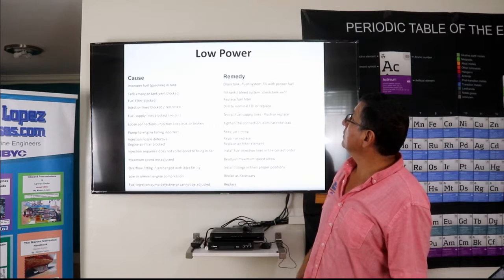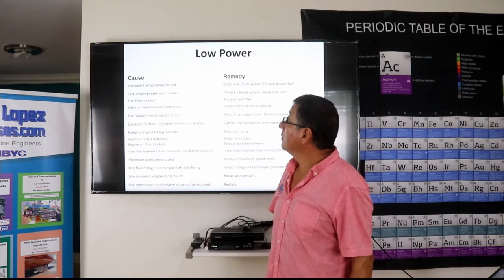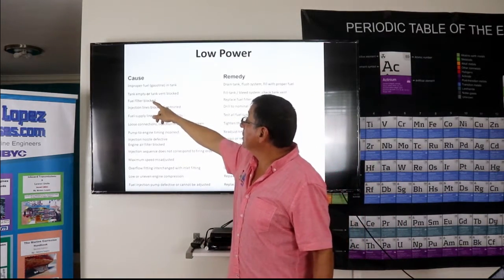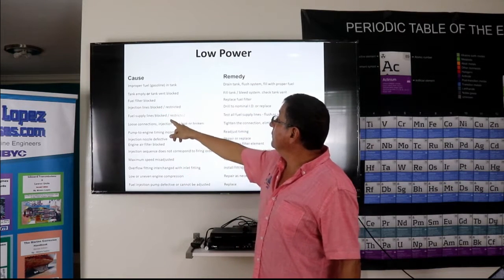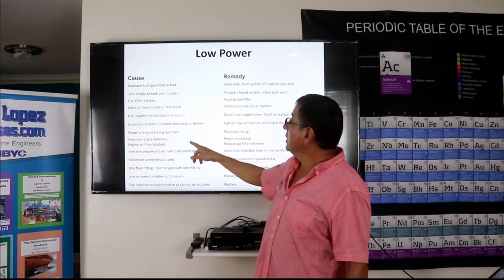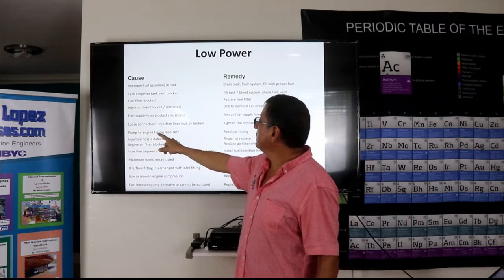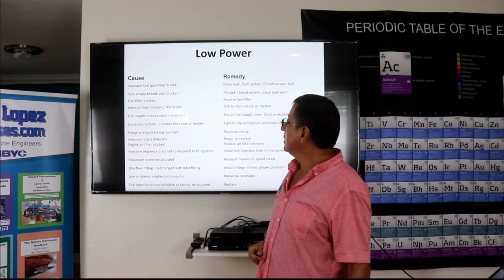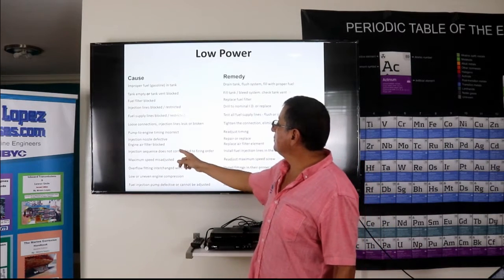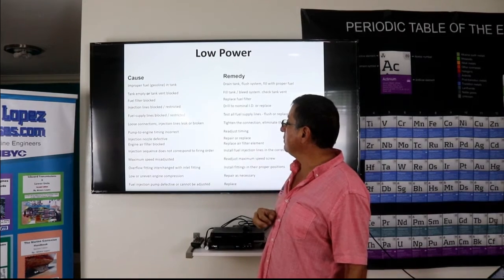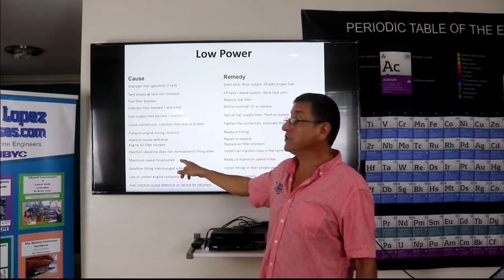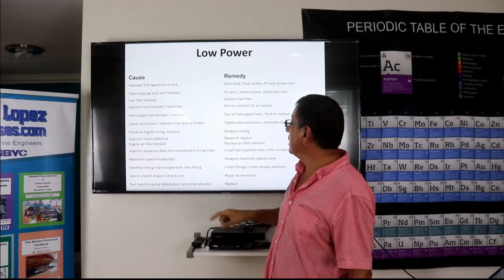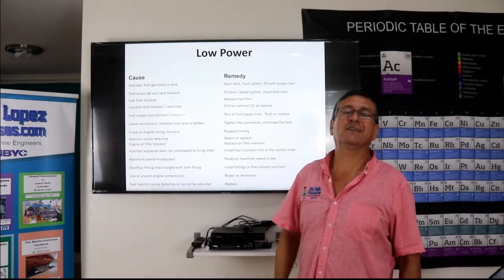Once again, the same situation. Low power, that's very common. Alright, the fuel is not appropriate, the tank is empty, the fuel filter is dirty, the injection lines are dirty, the fuel supply is dirty, loose connections, leaks in the system, the timing is incorrect, the nozzles are damaged, the filter is blocked, the injection sequence is not appropriate, the wide open throttle is not adjusted, overflow fittings interchanged with the inlet fittings, low compression, fuel injection pump defective.